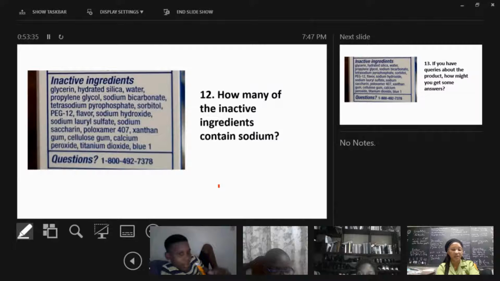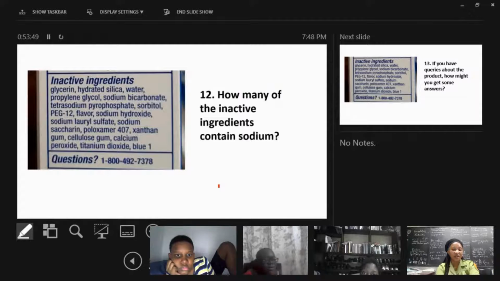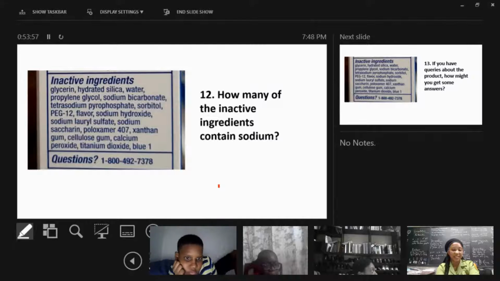Inactive ingredients: glycerin, hydrated silica, water, propylene glycol, sodium bicarbonate, tetrasodium pyrophosphate, sorbitol, PEG 12, flavor, sodium hydroxide, sodium lauryl sulfate, sodium saccharin, poloxamer 407, xanthan gum, cellulose gum, calcium peroxide, titanium dioxide, blue number 1.